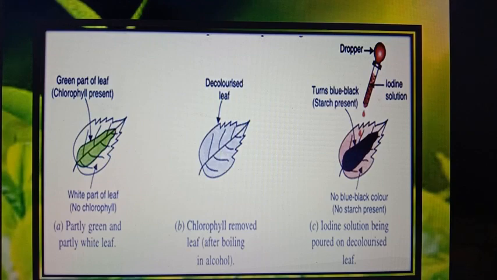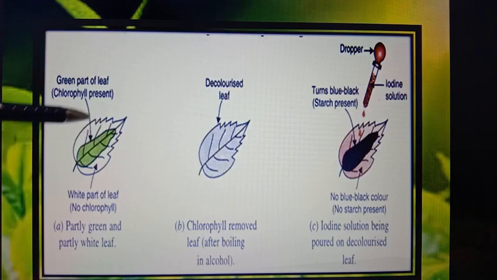Now for the method. For this experiment, you have to take a plant with variegated leaves. Here you can see the variegated leaf diagram. What are variegated leaves? These leaves are partly green and partly white or yellow.